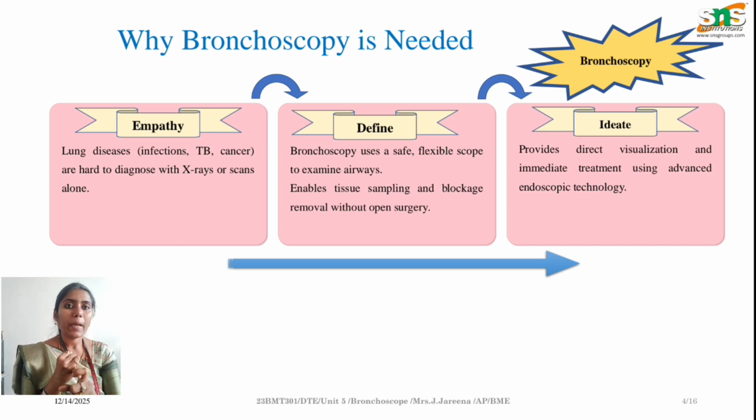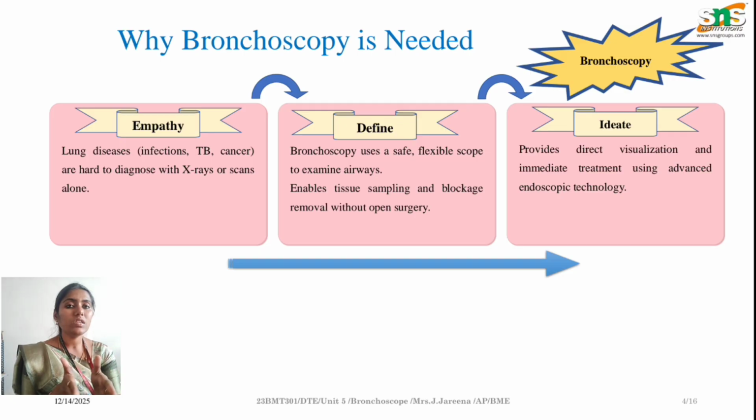Starting with empathy, there are certain lung diseases like infections such as pneumonia, TB, and cancer, which are difficult or challenging to identify with X-rays or scans. At a later stage, after the disease has developed, we can easily visualize it in X-rays and other imaging modalities.